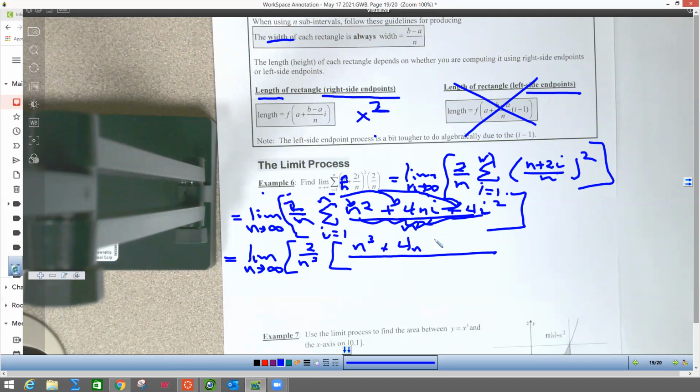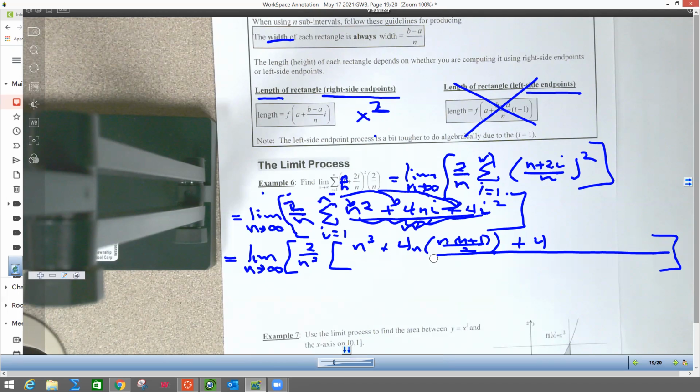So this is going to have an n times n plus 1 over 2. Okay, that is the summation of i. And then out here, I got this plus 4. I don't need this anymore. I don't know why I put a fraction bar there.